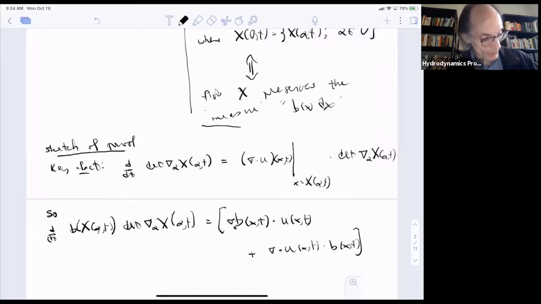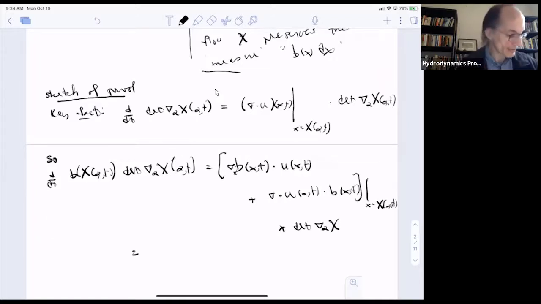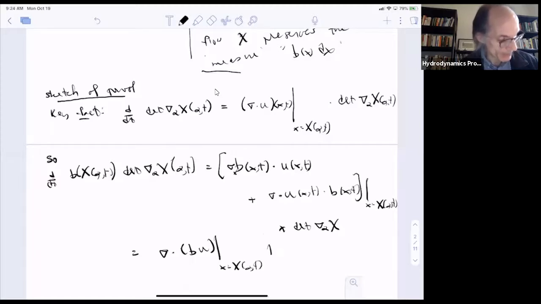The whole thing is evaluated with x being the point on the trajectory map, and it's all multiplied by the Jacobian determinant. And so I can see that this is just the divergence of b u times the Jacobian determinant.